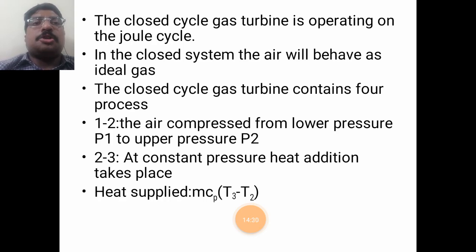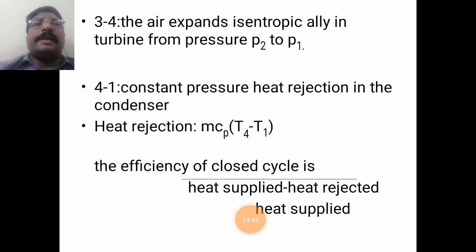In process 2-3, constant pressure heat addition takes place and the temperature is raised from T2 to T3. Here the amount of heat supplied is mCp(T3 - T2). Process 3-4 is adiabatic expansion, and the pressure drops from P2 to the initial pressure P1.